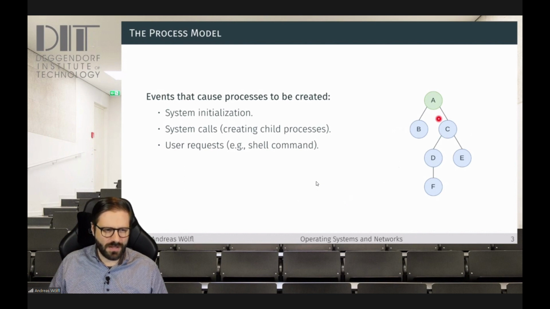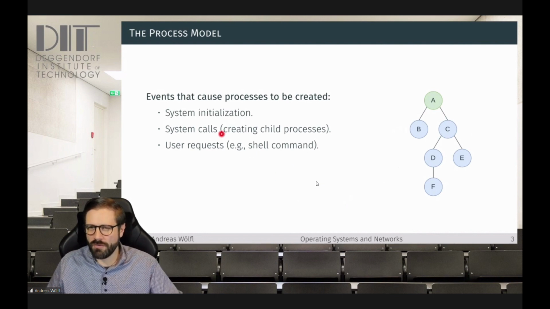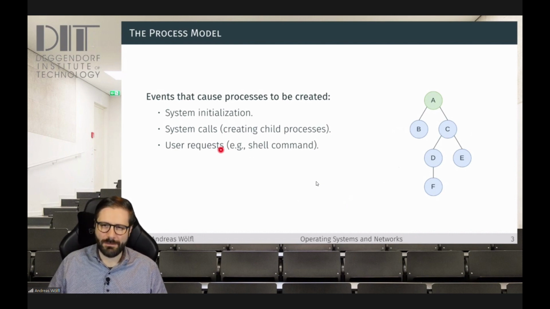And processes can be invoked from other processes, like user requests. When you enter something in a shell command, the user does. Technically, this is then a system call of the bash shell. So the bash shell invokes the operating system by a system call, creates a child process, and so on.